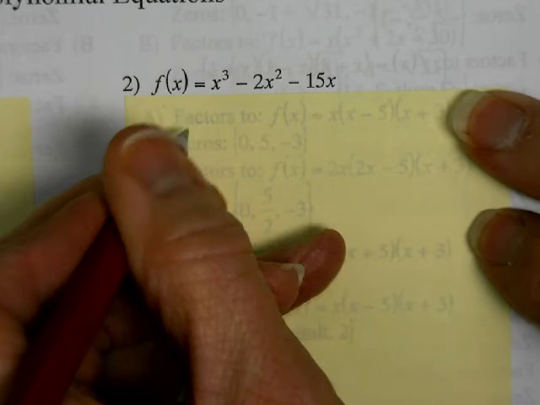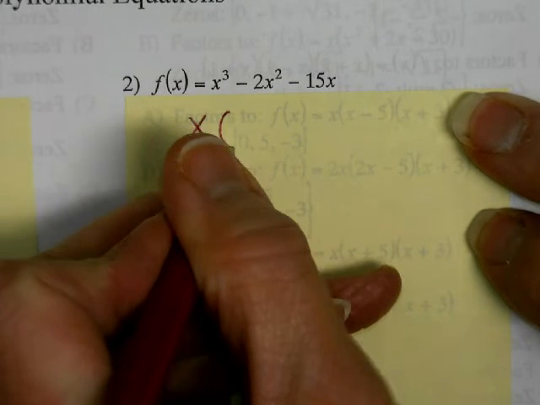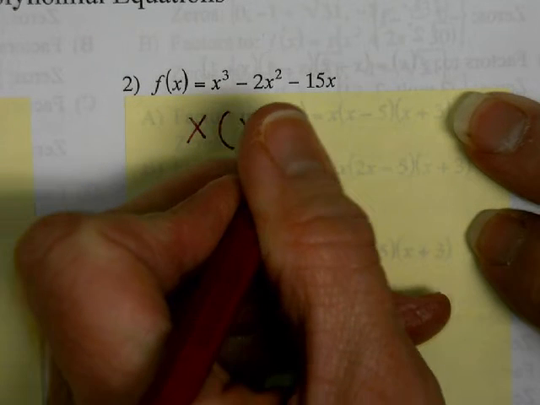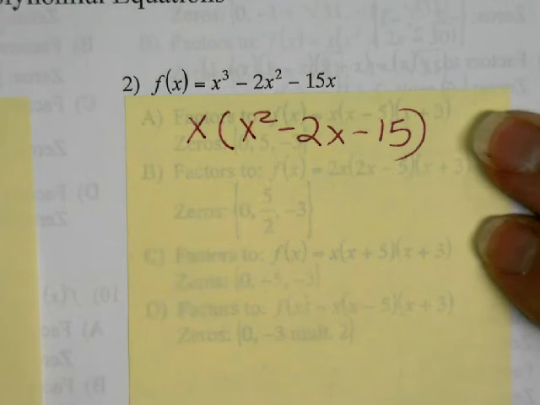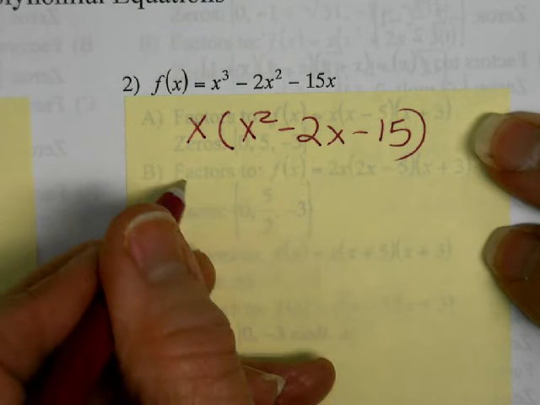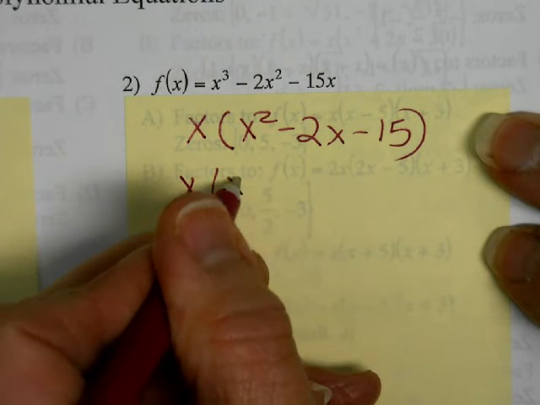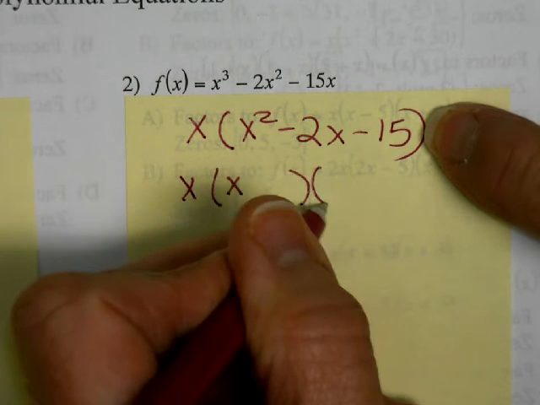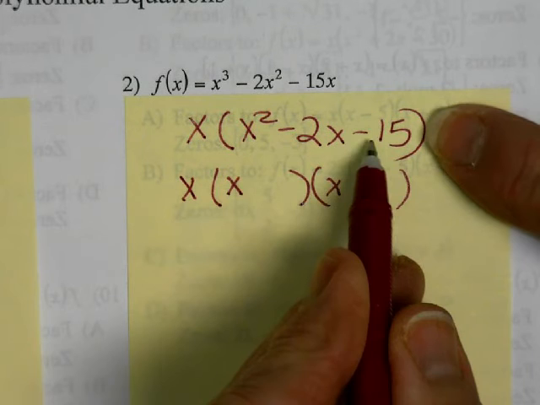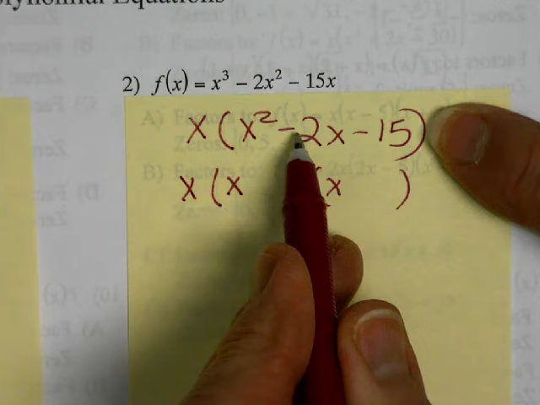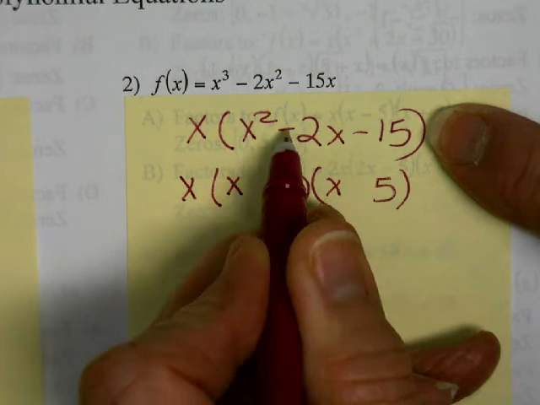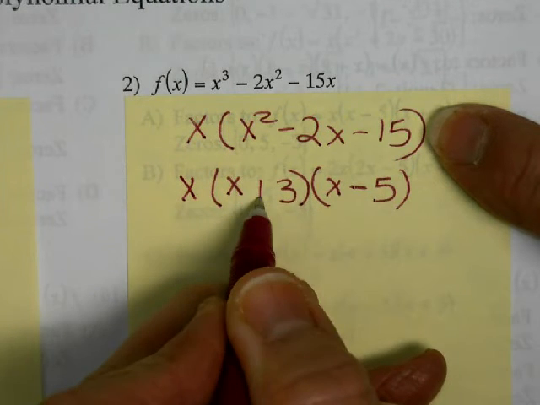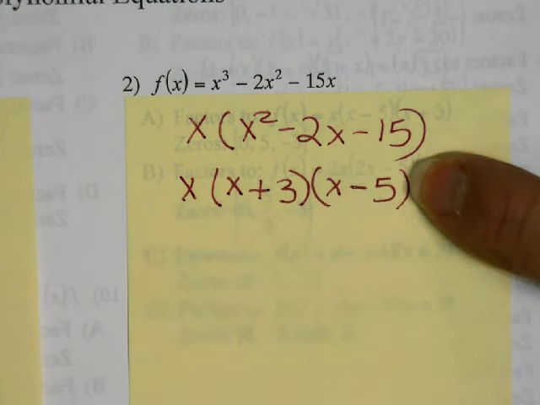So it has the GCF of the factor x, and you have x squared minus 2x minus 15. So factors of 15, when subtracted, give me 2. So that's 3 and 5. 5 has to be the negative factor.